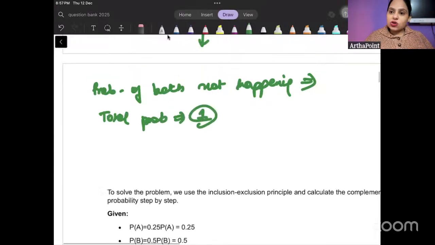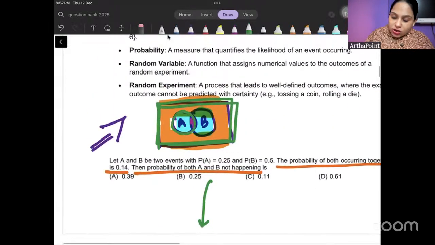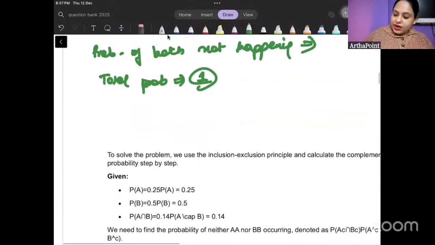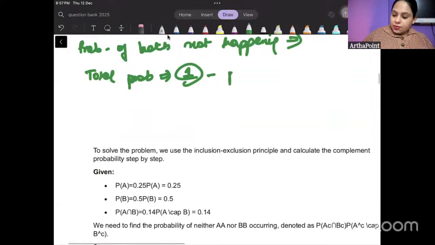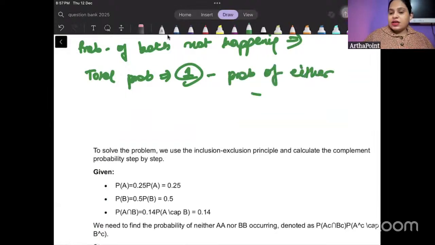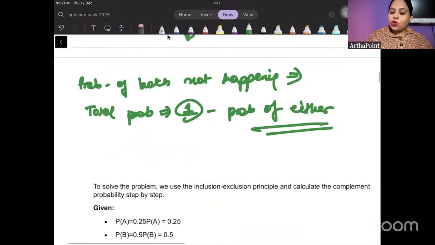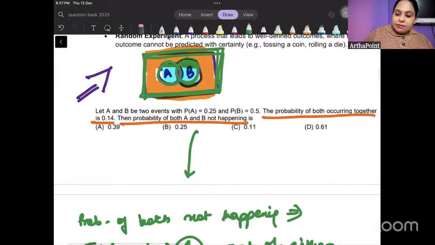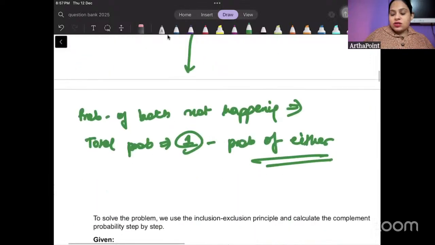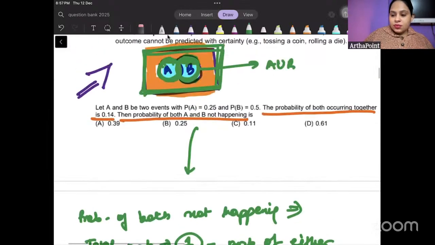Total probability is always 1. And from that total probability, I have to remove A also and B also. माने दोनों ही नहीं हो रहे, both not happening. So it is going to be 1 minus probability of either. Probability of both not happening, दोनों ही नहीं हो रहे. It is going to be this entire minus this. And ये जो है, this is what beta? This is A union B. Either A or B. It's A union B.